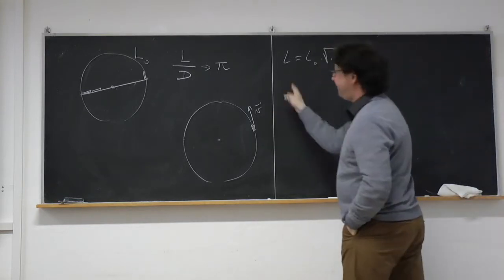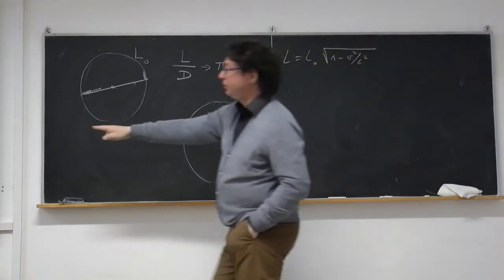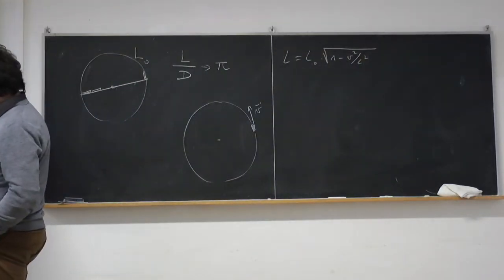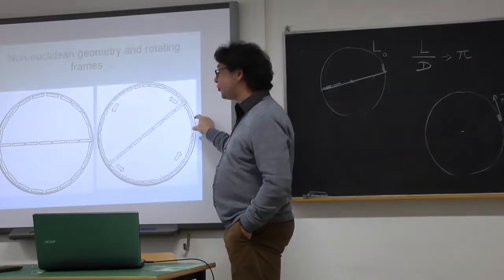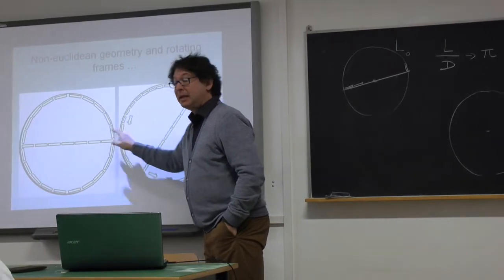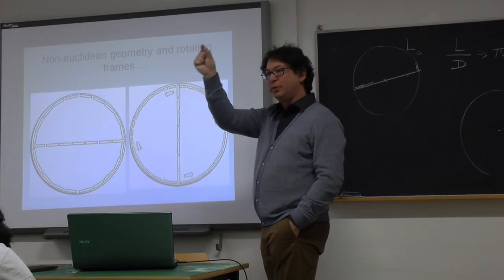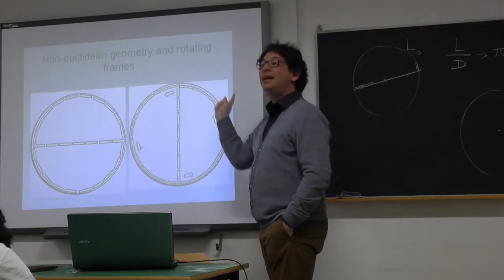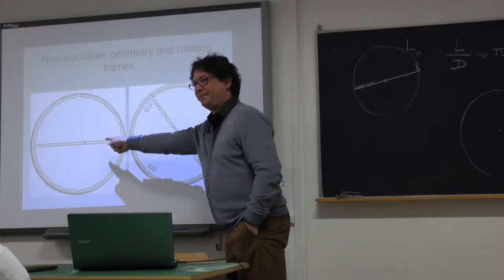So if you have a speed v which is great enough, the length of your meter rule undergoes length contraction. It is smaller than the meter rule at rest. This means that there are more meter rules that fit into the circumference than before.